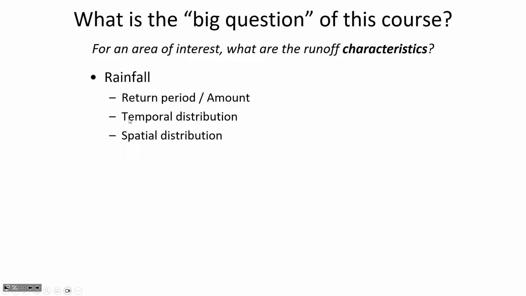So temporal distribution is, in maybe 15-minute increments, how much rainfall occurred up to this point, and now another 15 minutes later, and then another 15 minutes later. Because there are some methods we're going to use that only account for the full lump sum depth of rainfall without really digging into the details of what was the temporal distribution of that precipitation.